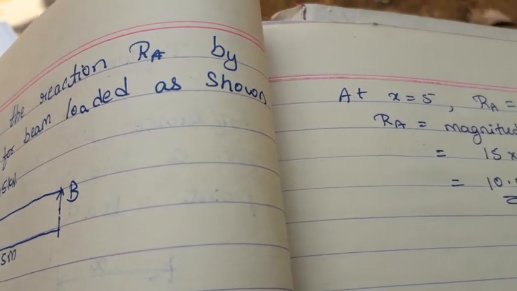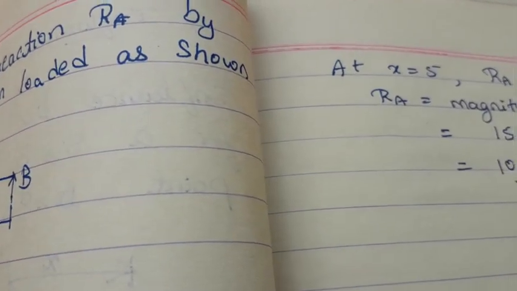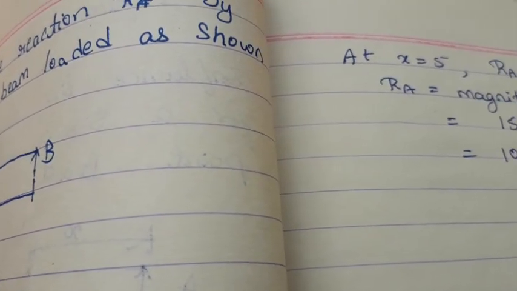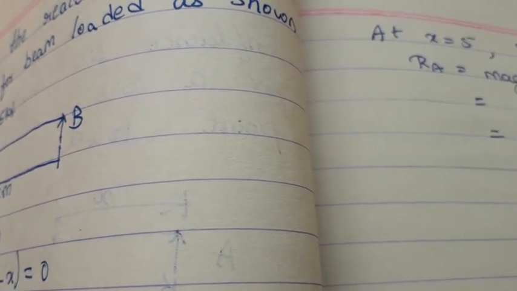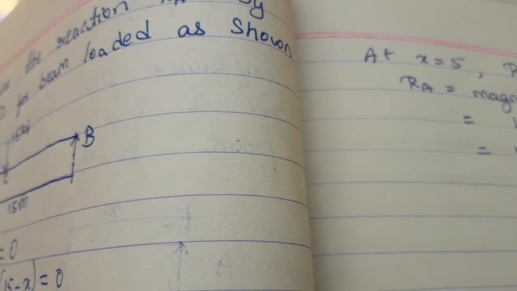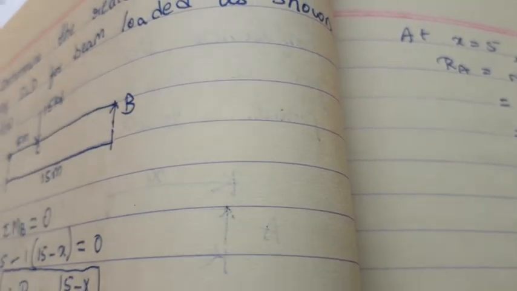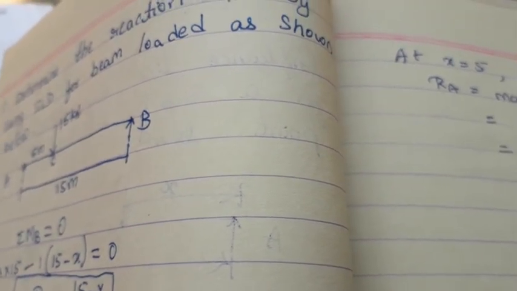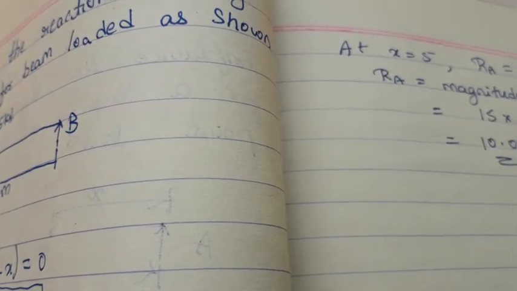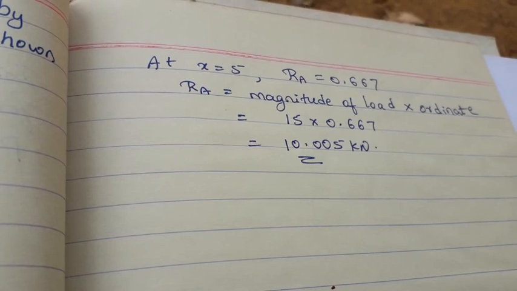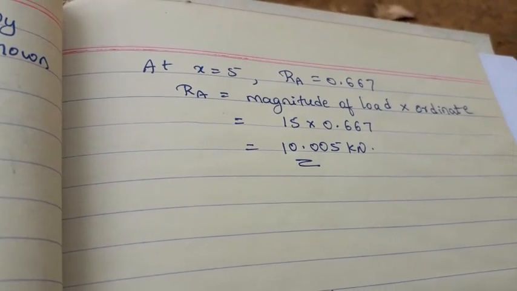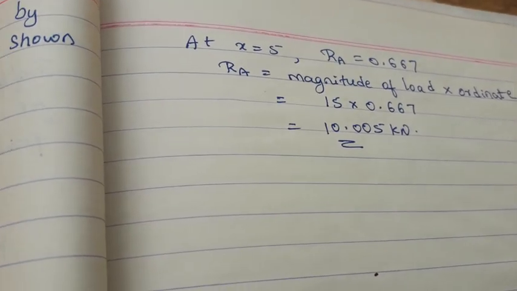First, you have to take the given load as 1 and distance as x. You have to find out RA and RB, and then you have to calculate this one. If you want, you can cross-check by taking sigma MB is equal to 0.